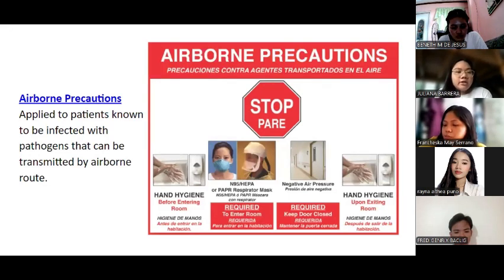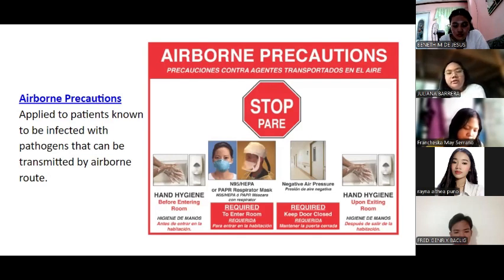For airborne precaution naman, this is applied to patients known or suspected to be infected with pathogens that can be transmitted by the airborne route, such as tuberculosis or measles. Airborne droplet nuclei are small particle residues of evaporated droplets containing microbes.